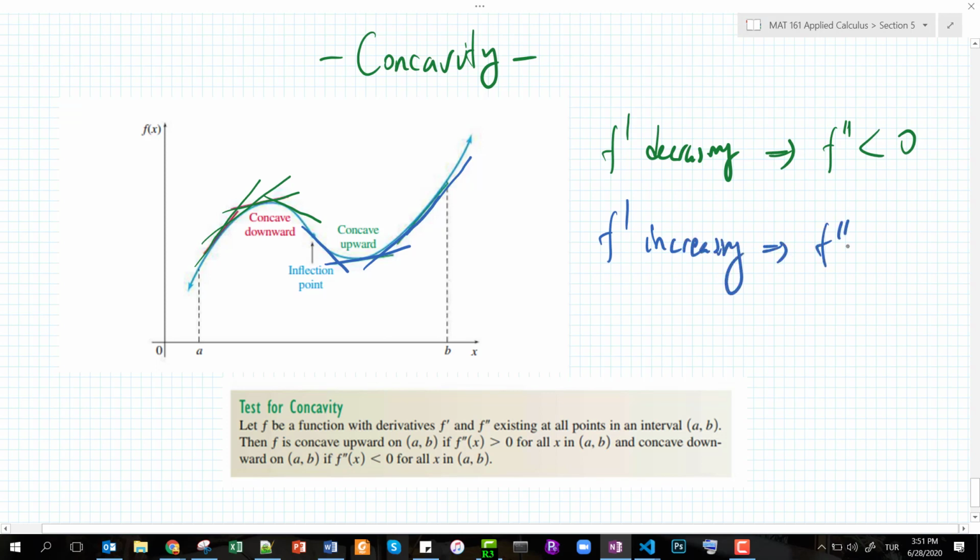That means my derivative of the derivative is going to be positive. The second derivative is going to be positive. So now look at the graph again and try to create this relationship. If you have the concave downward, that's the right observation with it. But if you have the concave upward, that's the relationship that we observed.